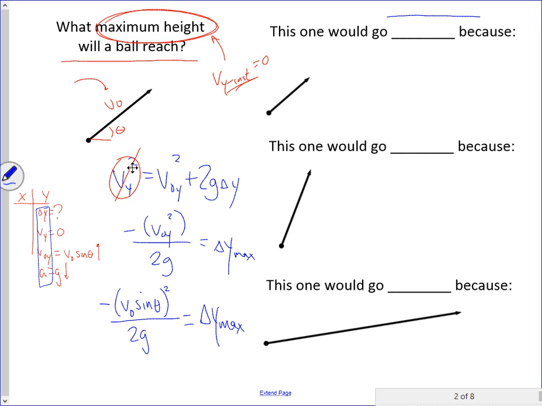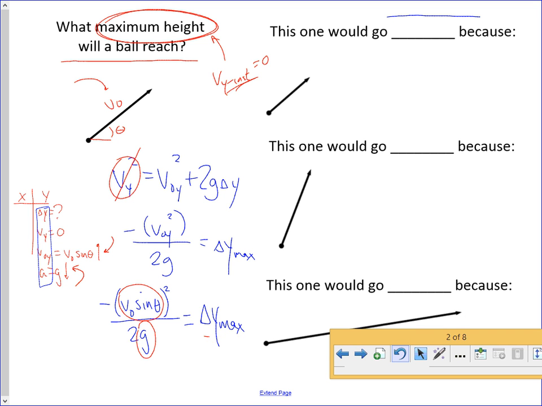And the negative is important, remember, because g is down but V0y is up, so they have to have opposite signs. That would make delta y max negative, but this algebraic negative turns delta y max into a positive. Oh, goody. All's right with the world.